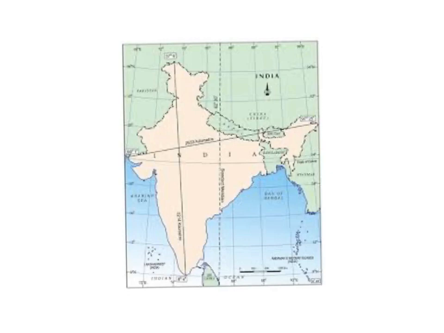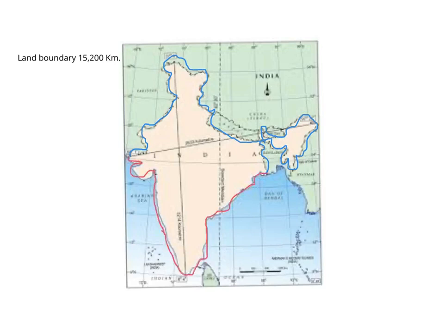India's land boundary is 15,200 km and the total coastline is about 7,517 km, including the Andaman and Nicobar and Lakshadweep Islands. Here, land boundary means the boundary which we share with other countries.